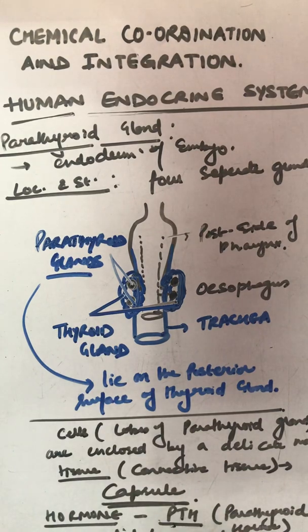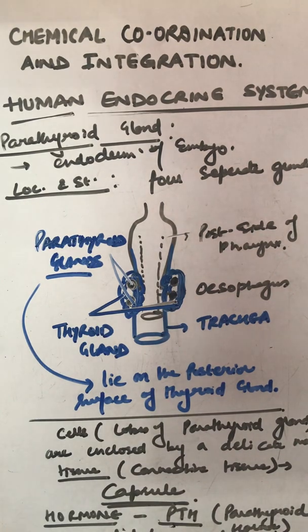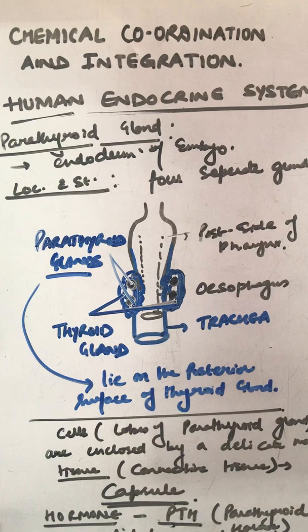Okay, maintains calcium and phosphorus balance between the blood as well as the other tissues. This is what our parathyroid does. And they are under the feedback control of blood calcium level as well.